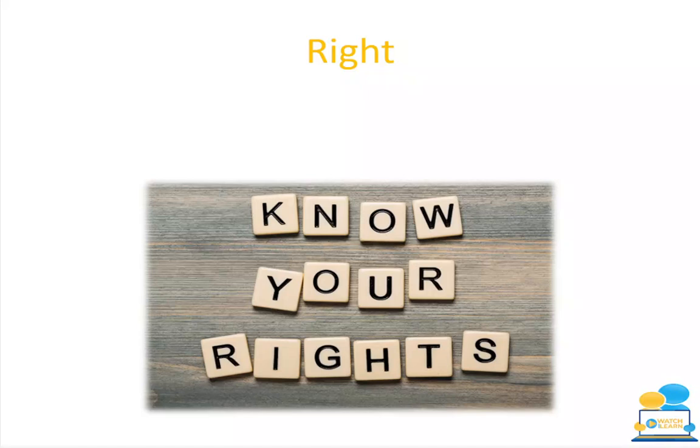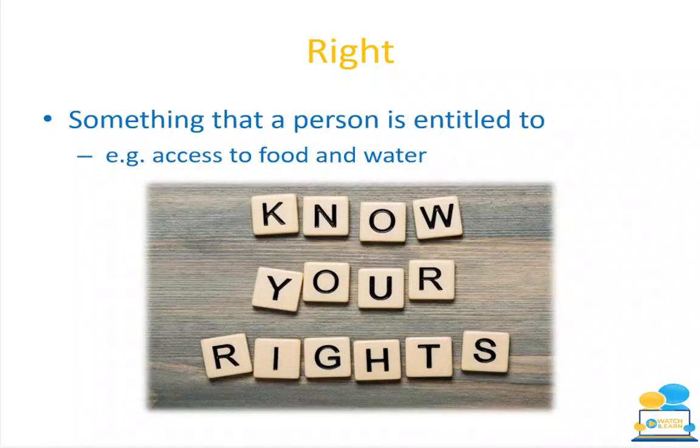A right is something that you are entitled to. The United Nations Convention on the Rights of the Child is something you will learn about in CSPE. So the UNCRC, you'll also learn about the one for adults as well. It is something you are entitled to. You should be getting it.